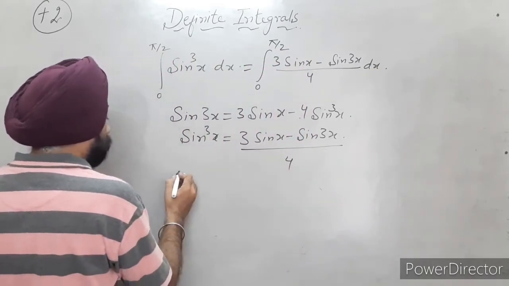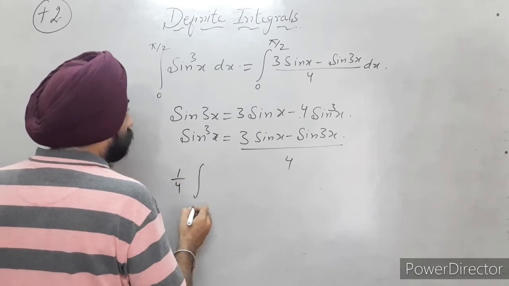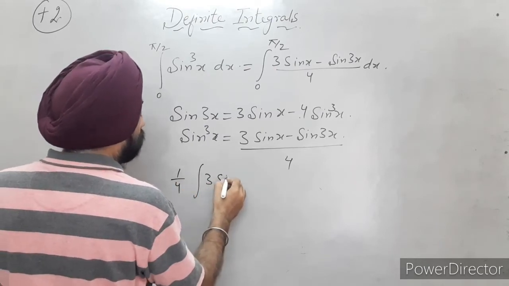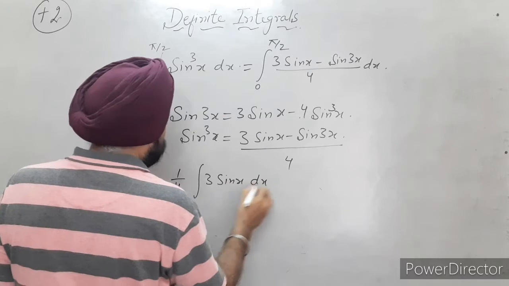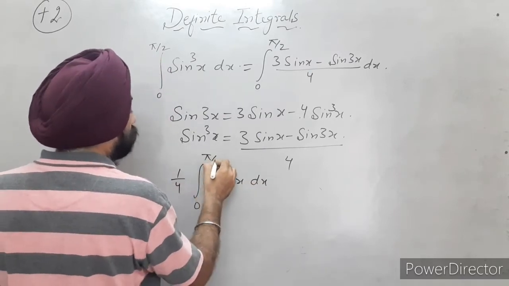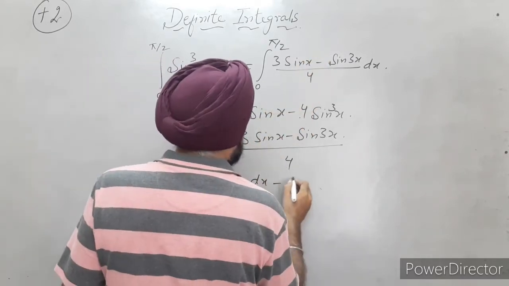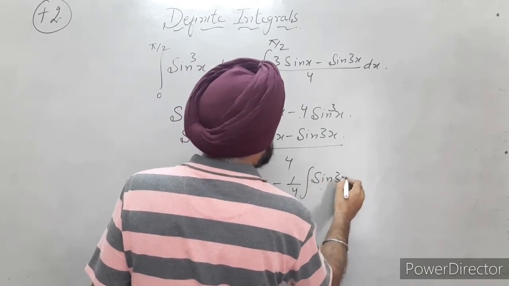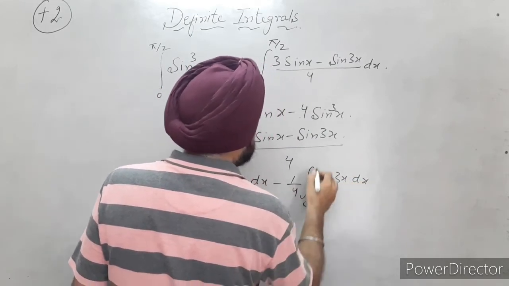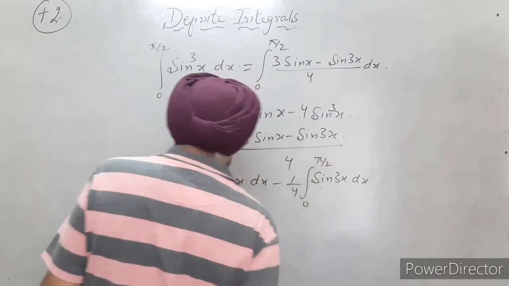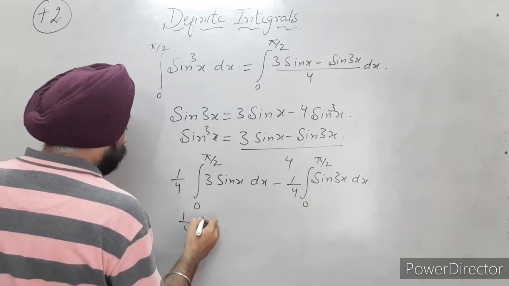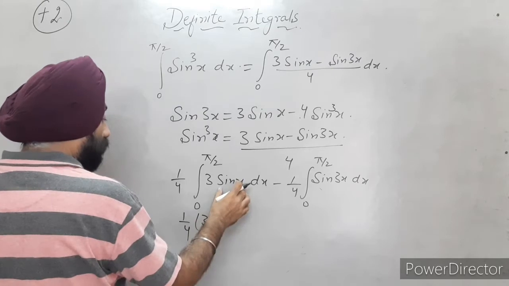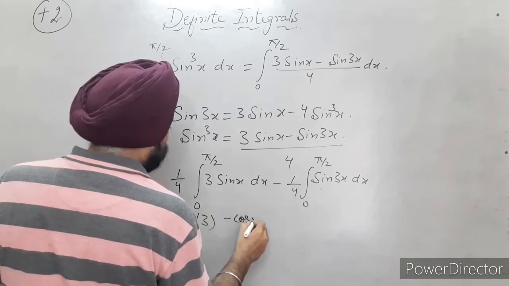Now it is 1 by 4 times 3 sine x dx, 0 to pi by 2, minus 1 by 4 sine 3x dx, 0 to pi by 2. Now it's 1 by 4, 3 is out, then the sine x integral is minus cos x.